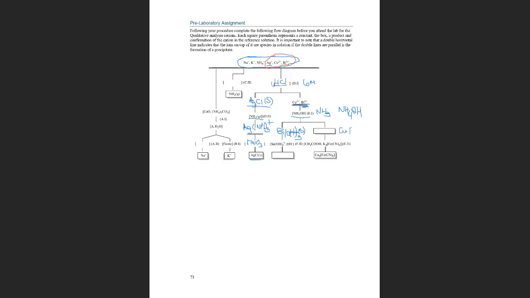It forms this complex that we said is blue. It's deep blue.